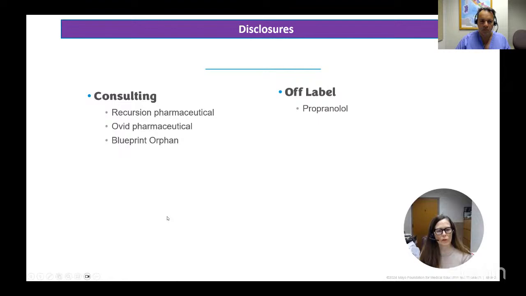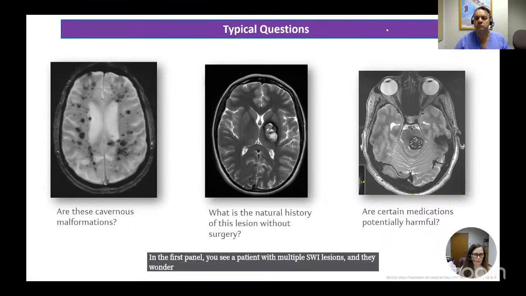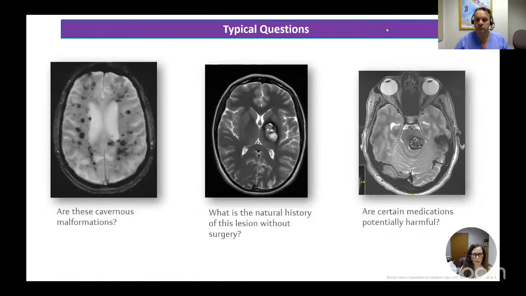I have a few disclosures. So these are the typical questions I might get asked as a neurologist. In the first panel, you see a patient with multiple SWI lesions, and they wonder, are these cavernous malformations? Could they be something else like amyloid angiopathy?